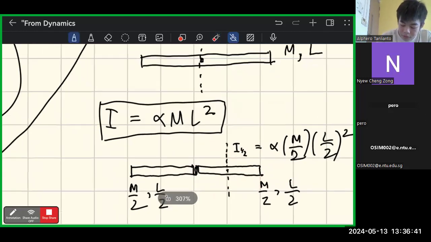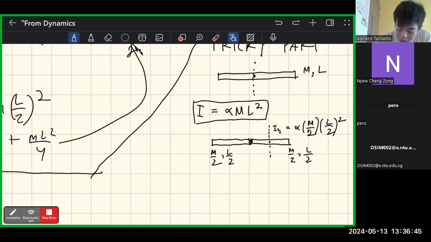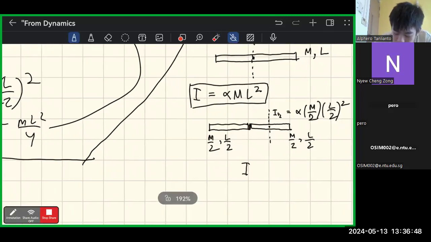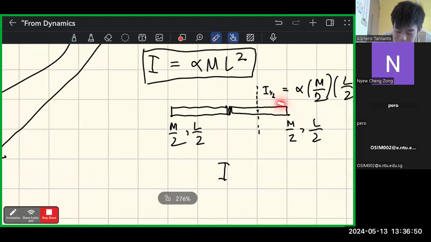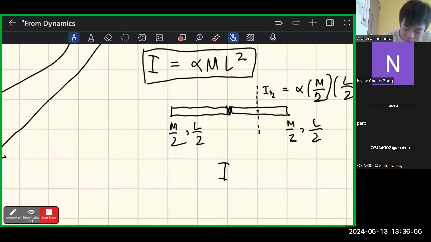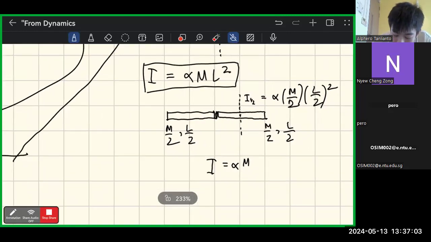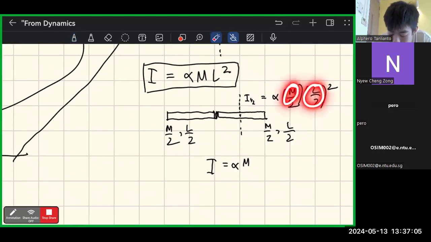The moment of inertia of one of the half uniform rods with respect to the center of the big rod is alpha times m over 2, because the mass is m over 2 and the length is L over 2 squared. It's going to be alpha m L squared over 2 times 2 times 2, 8.